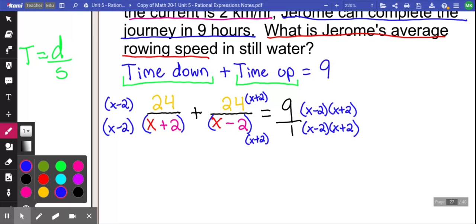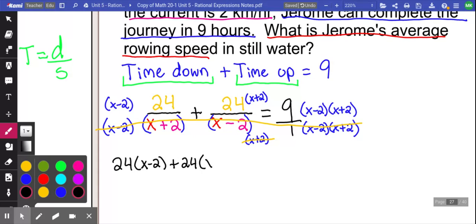Once you have a common denominator, the denominators can go away. And you have 24 times (x minus 2) plus 24 times (x plus 2) equals 9 times (x minus 2)(x plus 2). Like that.